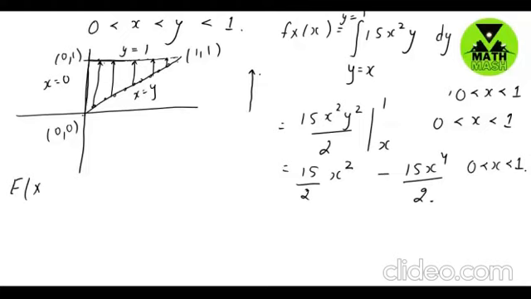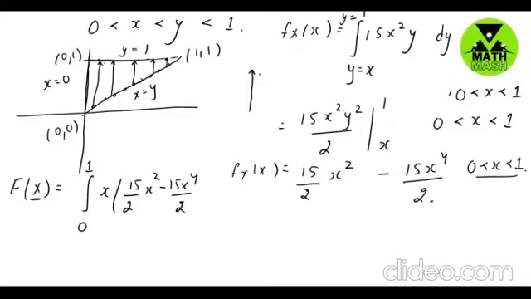So the expected value of x is the integral over the x limit. Now this is the marginal density, that is f_X of x, and x is from 0 to 1. So x is moving from 0 to 1, and the function is x here. The marginal density f_X of x is given by 15 by 2 x squared minus 15 by 2 x to the power 4, and we integrate with respect to x.